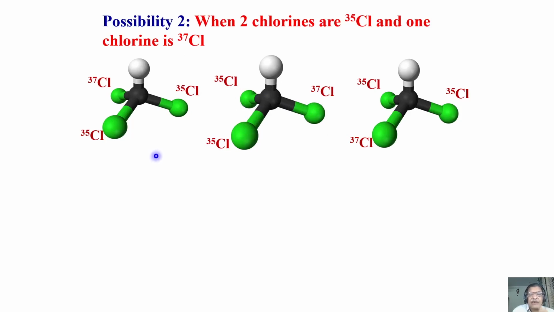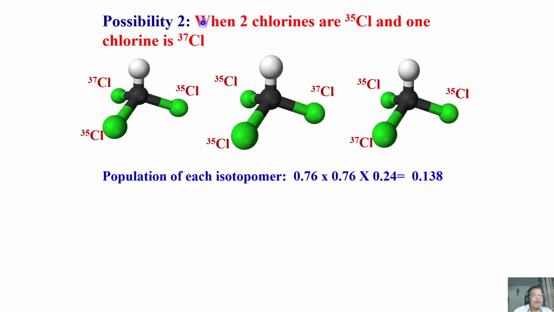Another possibility is this is 37 and these two are 35. There are three possibilities I can think of. Think of a possibility when two chlorines are 35 and only one chlorine is 37. There are three such possibilities. Any one of them can be 37, the other two can be 35.